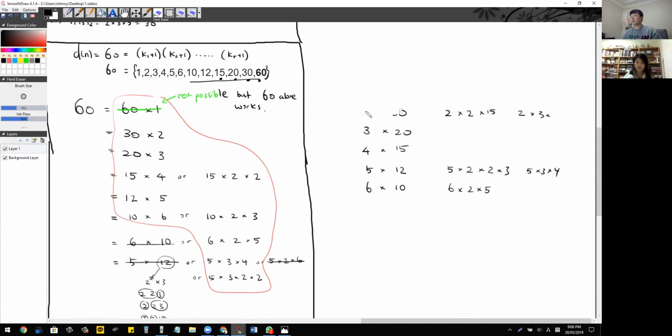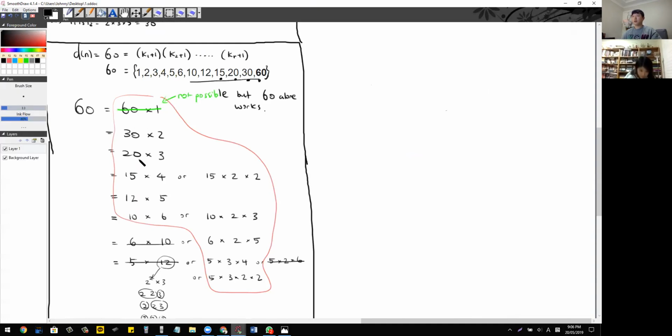Actually, I'm going to erase this. I want to write down the lower number first. So that's 2 by 30, okay? And then anything that involves 2: there's 2 there, 2 there, 2 there, 2 there, 2 there, right? I think the answer is most likely 2, 2, 3, 5, this one here.